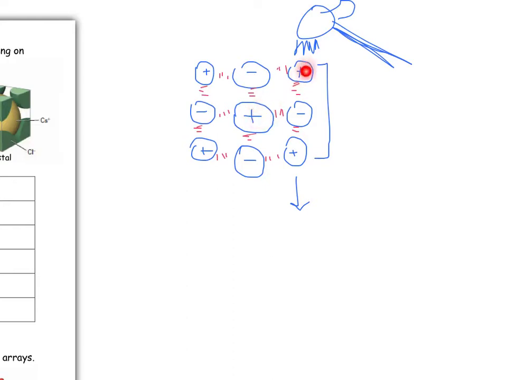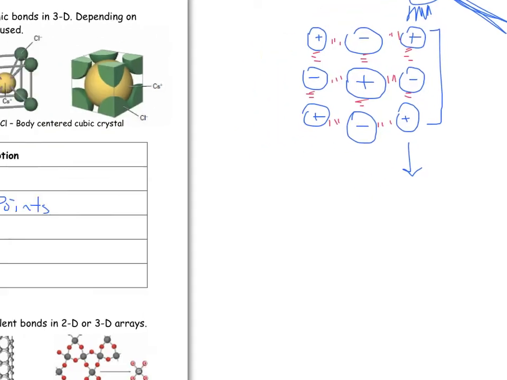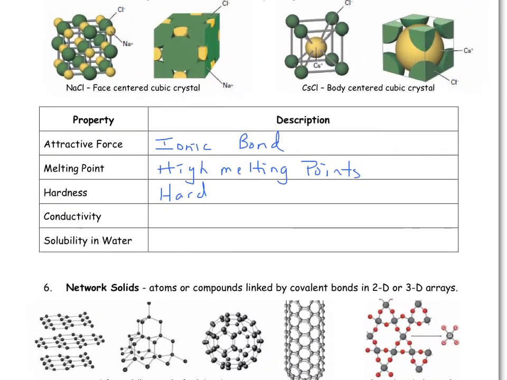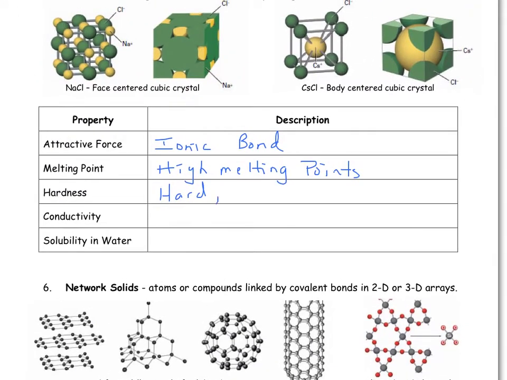So if I move this positive down one position, I'll have a positive matching up with a positive and a negative matching up with a negative, which will repel each other, which will cause this crystal to crack. So even though ionic compounds are described as being hard, they are also brittle. They smash easily when they're hit with a hammer.